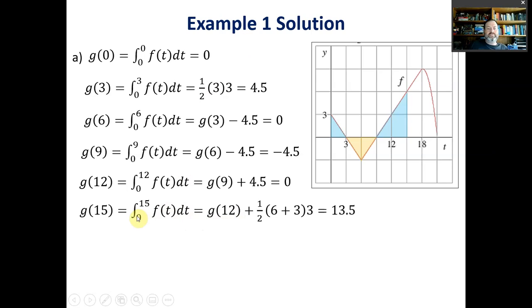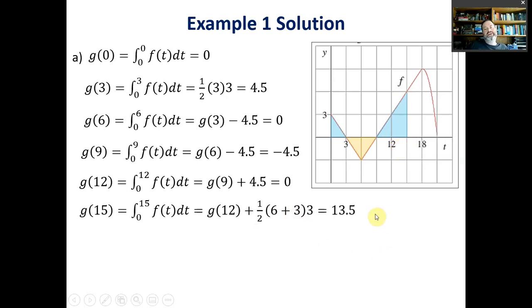Well, you set it up the same way. It's still the definite integral from 0 to 15. And we take our old value, g of 12, plus that new bit, right? So we're just adding that little bit right there. This is a sideways trapezoid, so I'm just using the trapezoid formula. It's 1/2 big base plus little base, so the big base here is 6, little base is 3, times the height, which again, it's on its side, so it's a width.